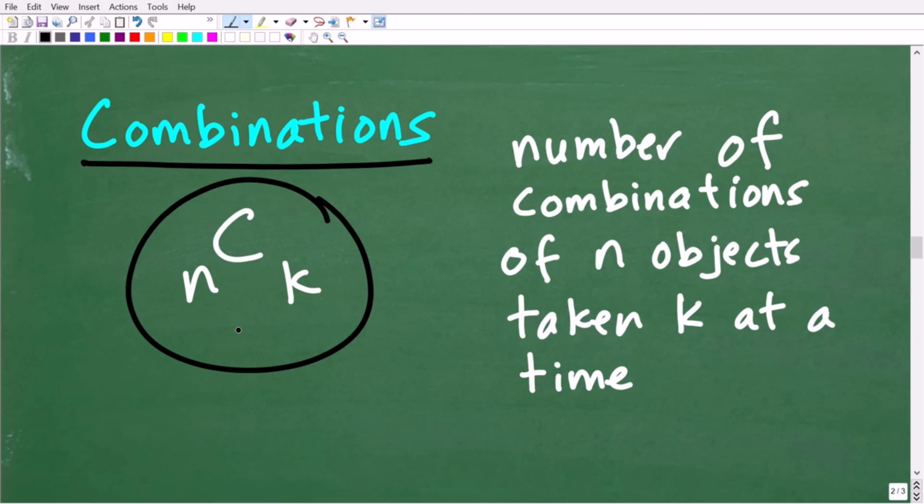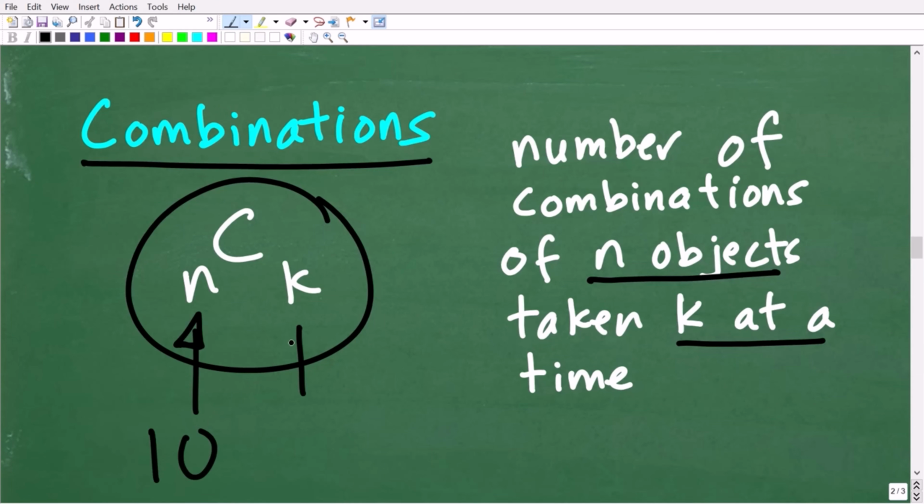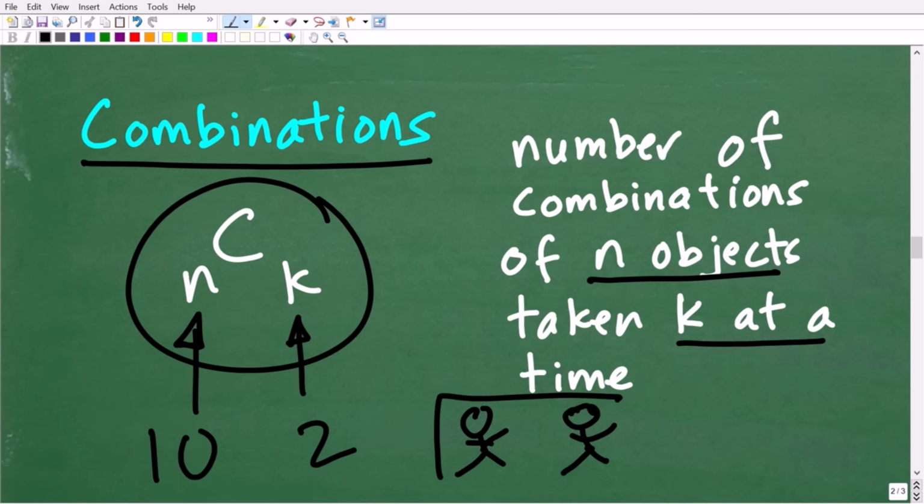And we're going to calculate the number of combinations given n objects taken k at a time. So in our problem, we have 10 people and we're taking 2 people at a time, right? A handshake is where one person shakes hands with another person. So out of the 10 people in a room, we're looking at how many two-person combinations happen. So this is the formula that we're going to use.